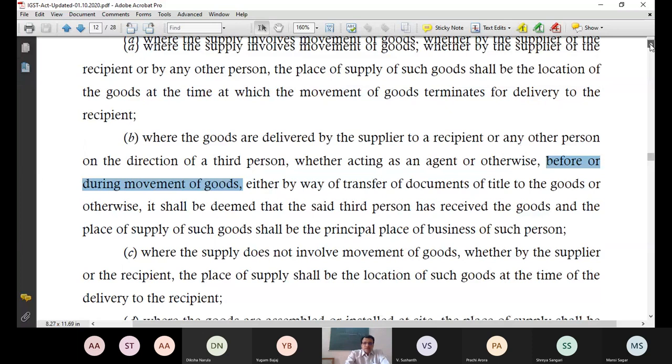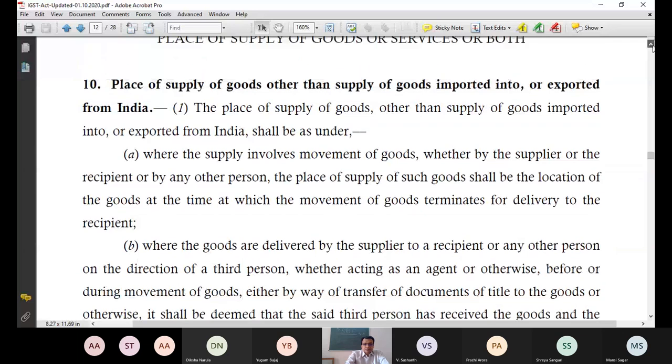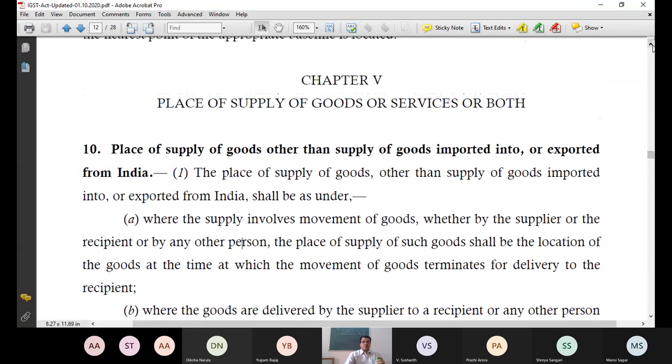Now see this. This is my IGST. Services on board is in Chapter 5 of IGST. I will show you Section 10 for the time being. What does it say?